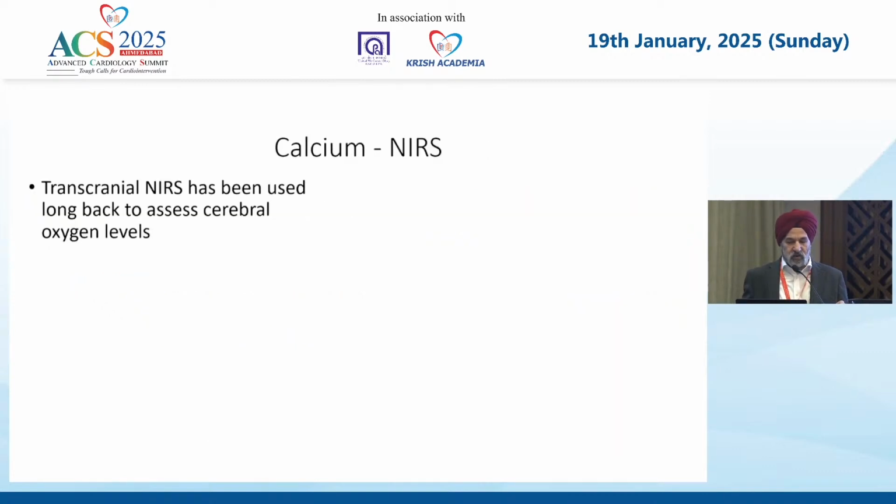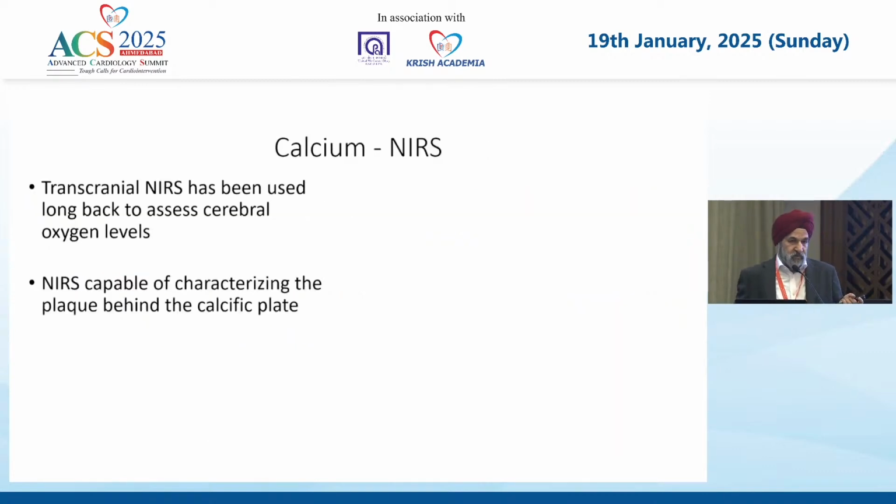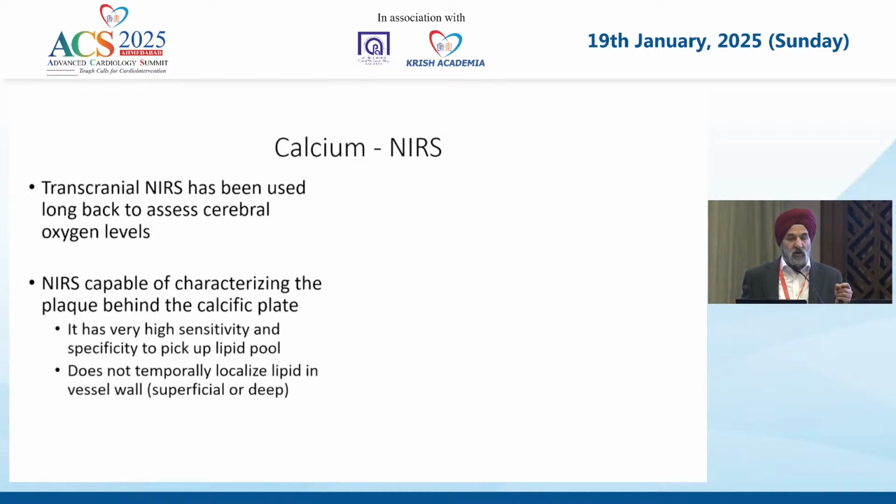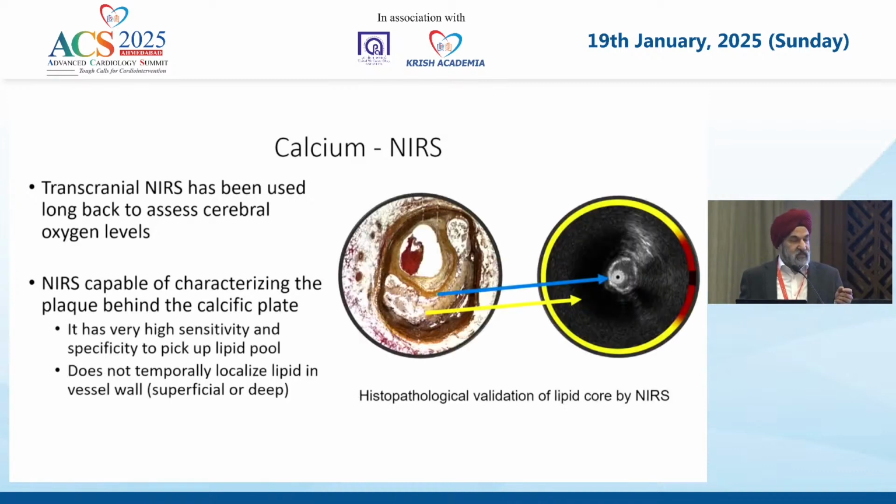By composition, what I mean is that, I must give you the background. NIRS has been used transcranially in the past to measure the cerebral oxygen concentration. It has a very high sensitivity and specificity of picking up lipid. And this is a histological confirmation of that.